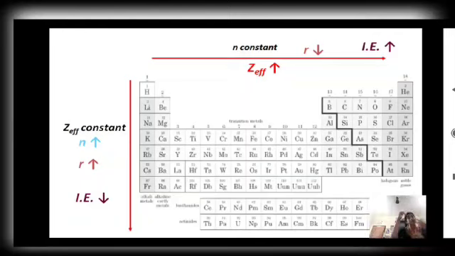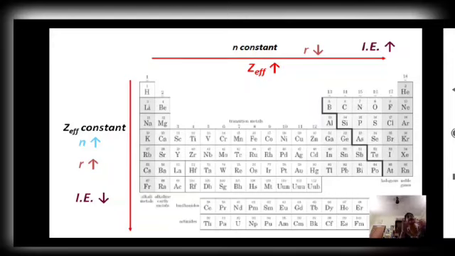As we move on to the third period, the number of orbits increases even more. So as we go down, the number of orbits increases, and these additional orbits put a shield between the nuclear charge and the outermost electron.